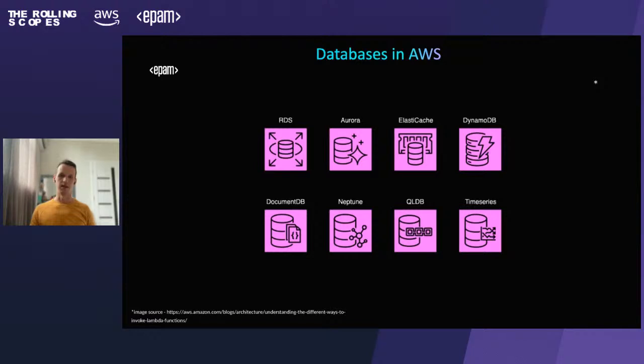The next one is ElastiCache. Actually, it's just a key-value in-memory database. It's built upon the Redis database. The advantage of this one is that it stores all the data in random access memory, so in RAM. That means this data would be accessible much faster than data located on a typical SSD or HDD.